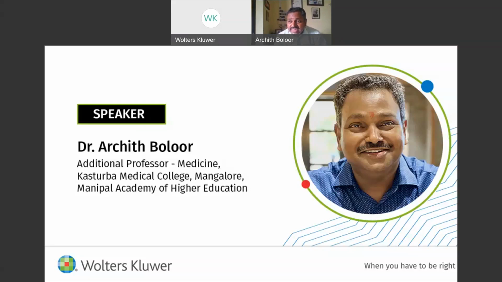So there's nothing like screening for young stroke. We have to be aware that this can occur, and if there is a family history, such patients have to be screened.